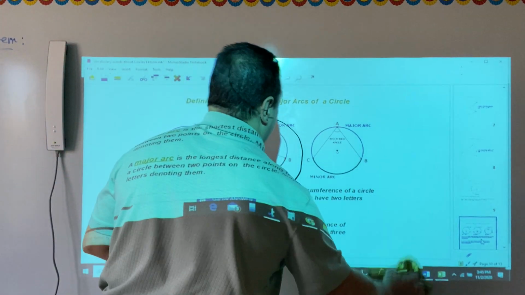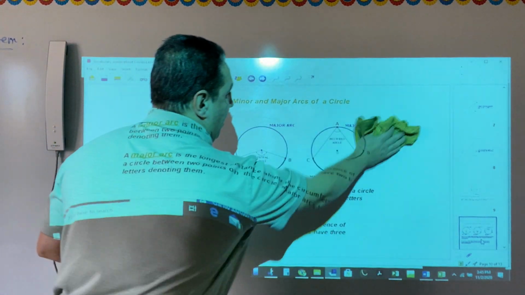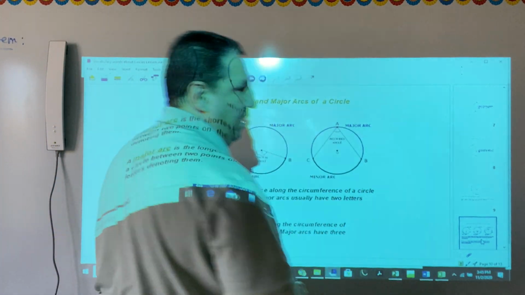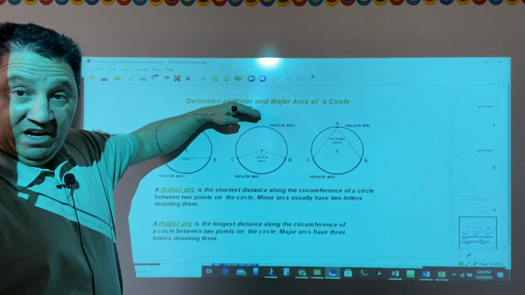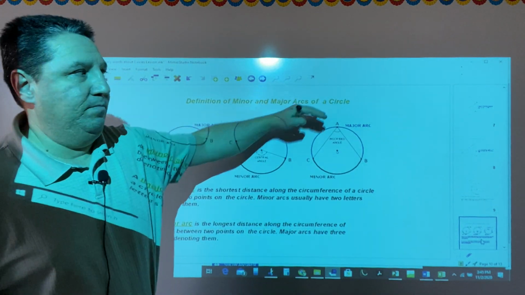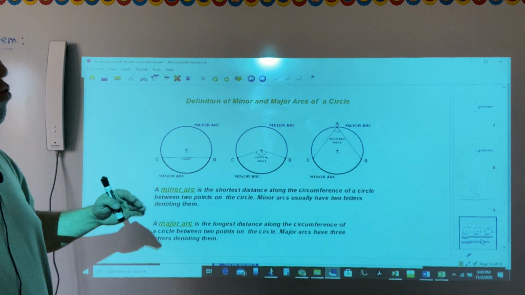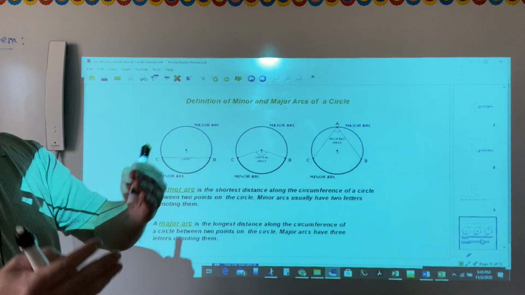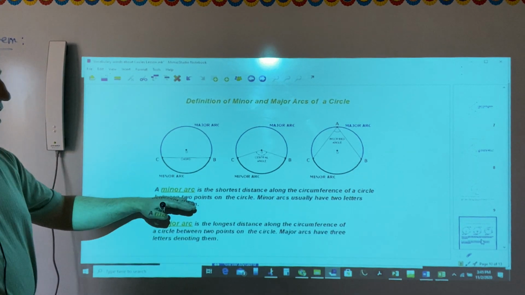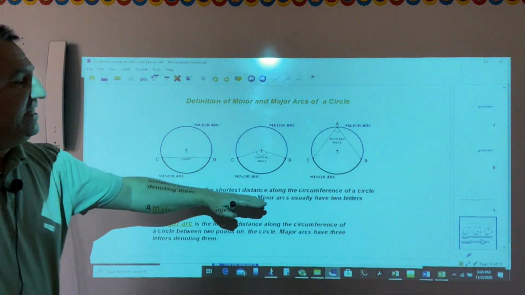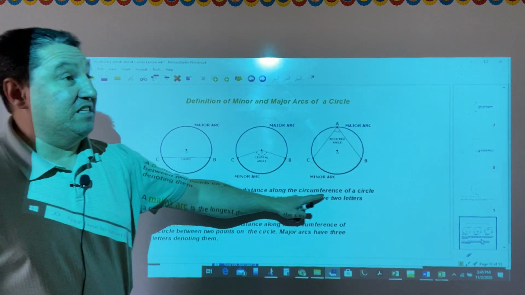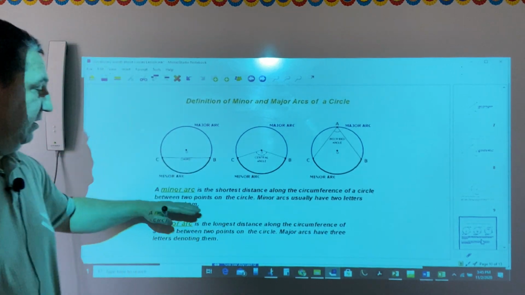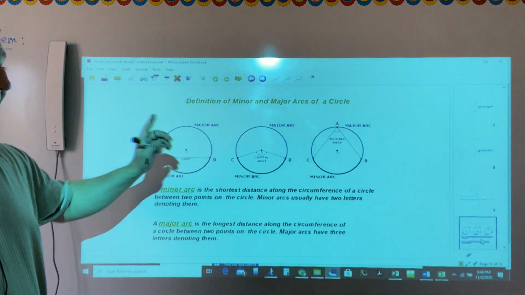An arc of a circle could be a minor one or a major one. Now, how do we identify a minor arc and a major arc? A minor arc is the shortest distance along the circumference of a circle between 2 points on the circle.